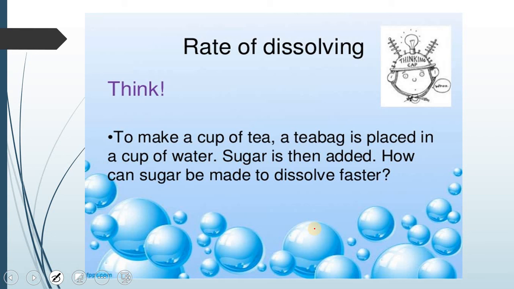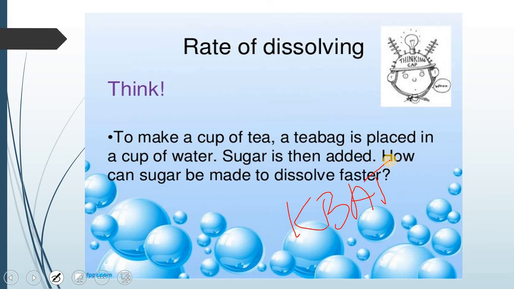And then also, this is a question actually. I wanted to ask. So we've learned about the rate of dissolving or rate of solubility. So we have temperature, type of solute, type of solvent, and also rate of stirring, right? So for example, benda ni boleh tanya dalam soalan kebat actually. To make a cup of tea, a tea bag is placed in a cup of water.